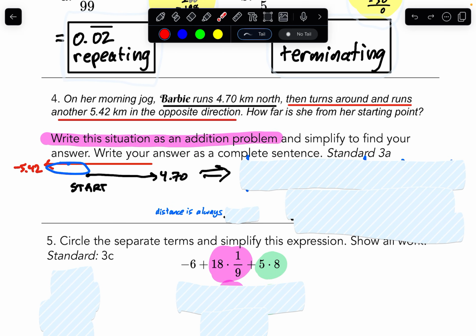All right, number 4 says Barbie runs 4.7 kilometers north, or to the right, or up, it's okay, and turns around and runs 5.42 in the opposite direction. How far is she from her starting point? Again, this one asks us to write as an addition problem.